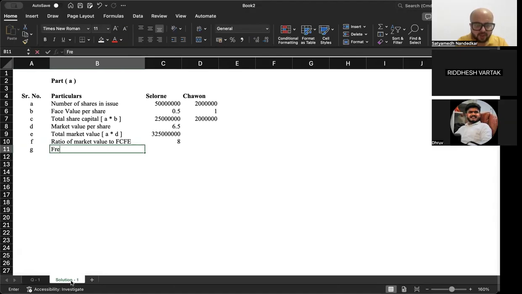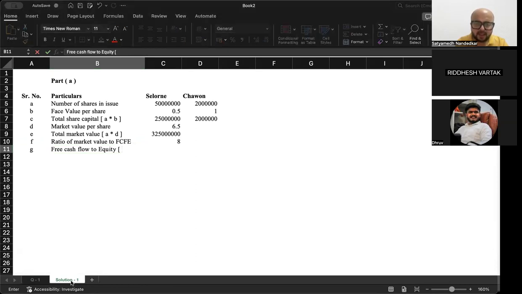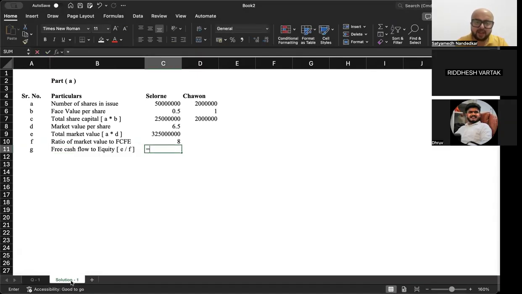So if somebody asks me what is free cash flow to equity, it is E divided by F. Multiple of 8 means this is 8 times the free cash flow to equity. Done. 44 crore 6,25,000. Okay.